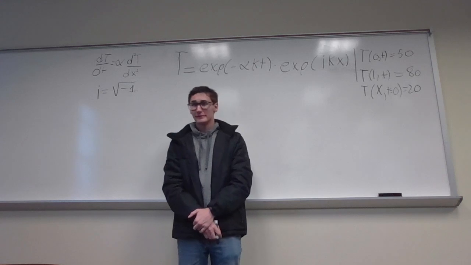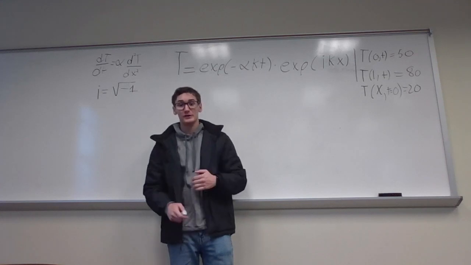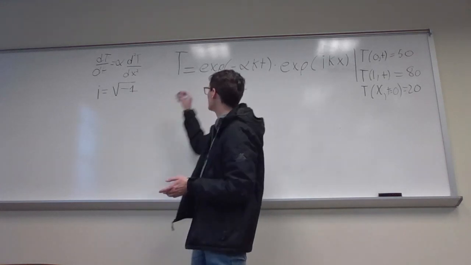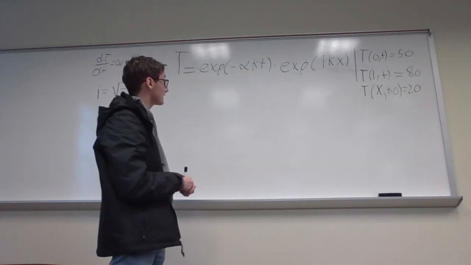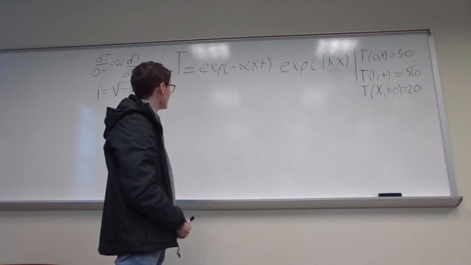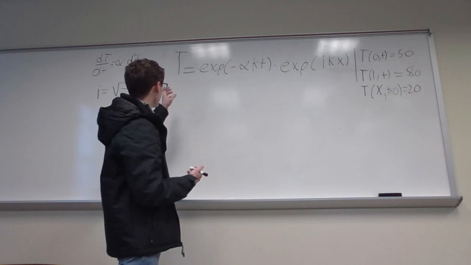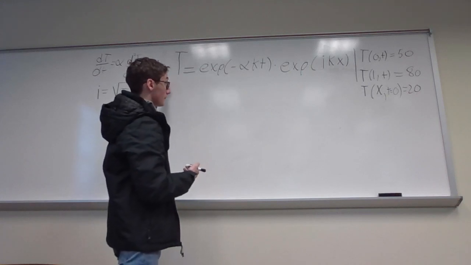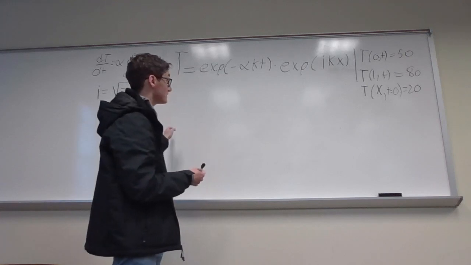All right, now that we have coded everything out, we need to do the von Neumann stability method. But before we do that method, we need to actually see if this equation we have up here, T equals exp of negative alpha k t times exp of ikx, actually solves for T. And it can't just solve for T. It needs to solve for T at specific points.